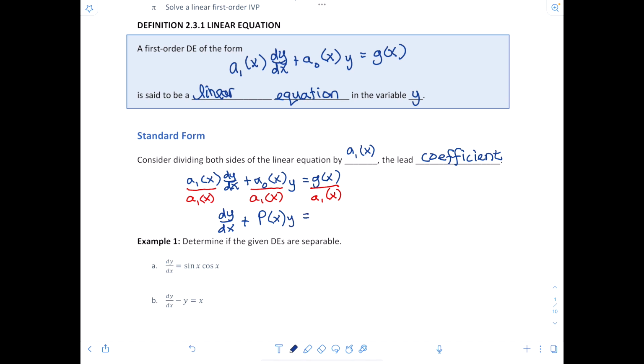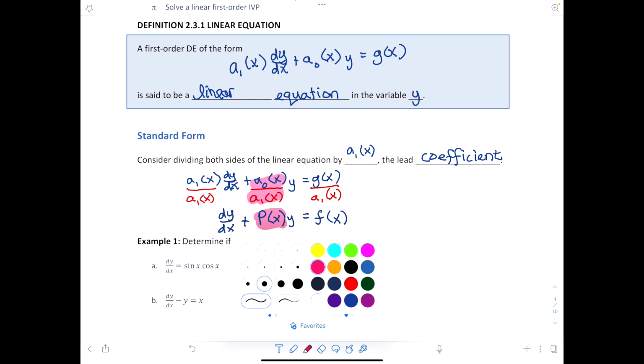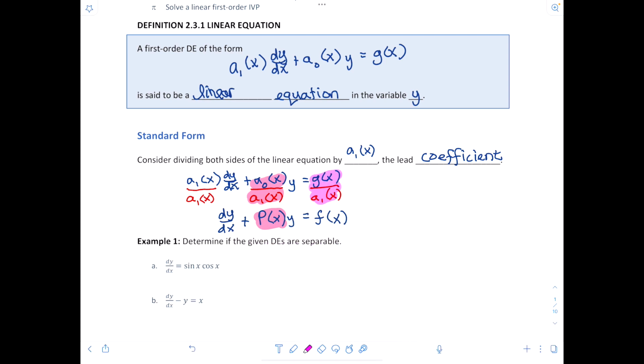And again, renaming g of x divided by a sub 1 of x to f of x. Cool? So just so we're good to go here, this ratio was renamed p of x, and this ratio over here was renamed f of x.